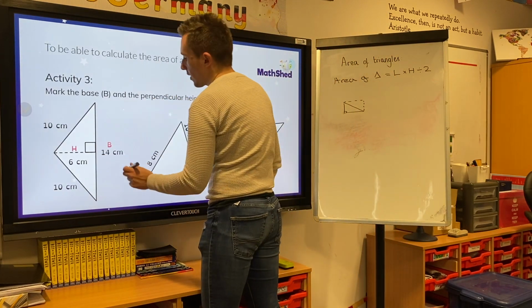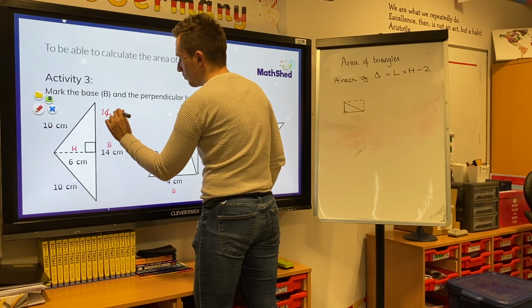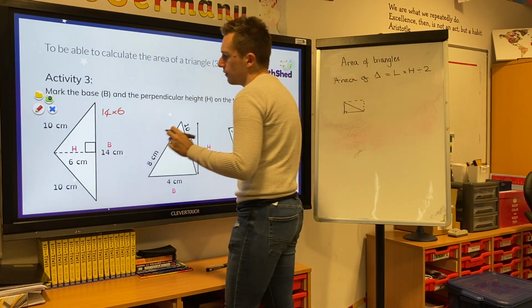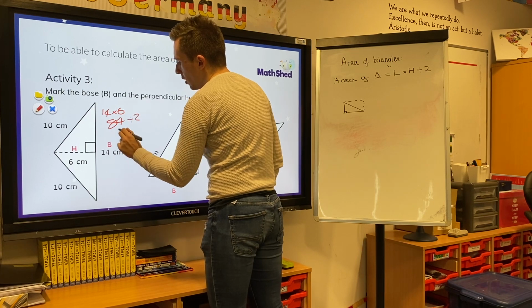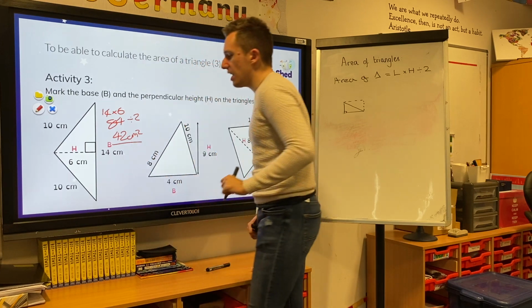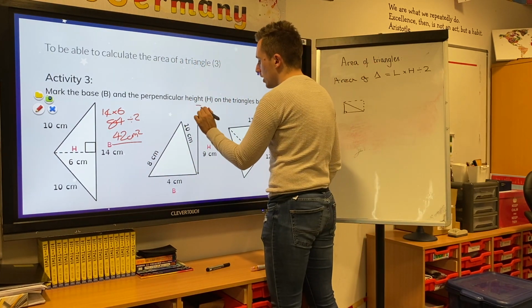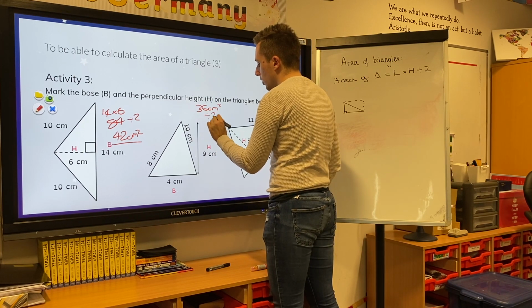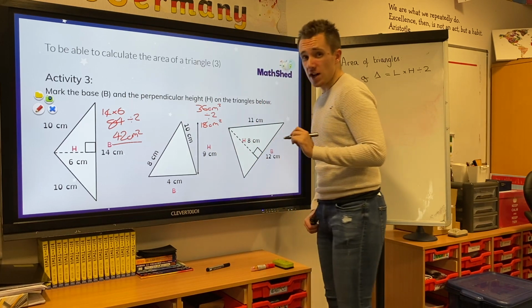14 times 6. So we do 14 times 6. Well, 6 times 10 is 60. 6 times 4 is 24. So that would be 84. Divided by 2 would be 42 centimetres squared. The second one would be 4 times 9, which is 36 centimetres squared, divided by 2 would be 18 centimetres squared.